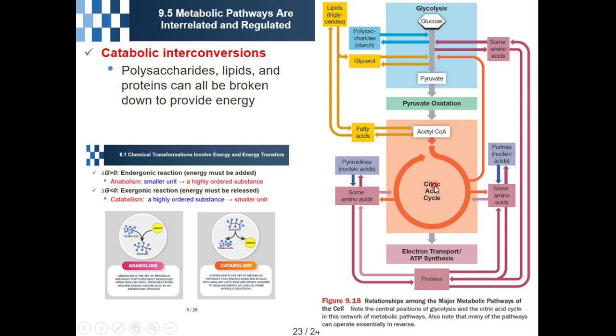The only ATP synthesis pathway starts from glycolysis to pyruvate and citric acid, electron transport, and ATP synthesis. This is one pathway. But we also have lots of lipids and polysaccharides, and these can be changed like this, so they become another component.